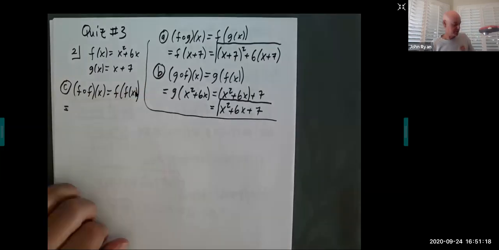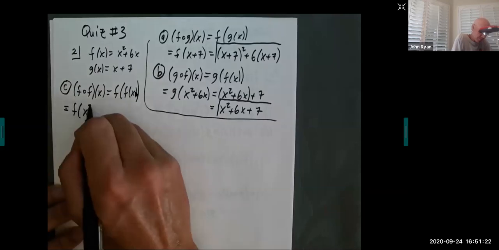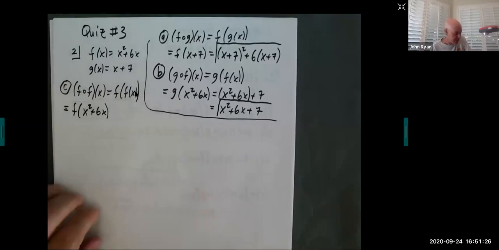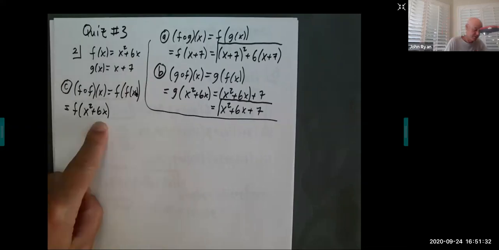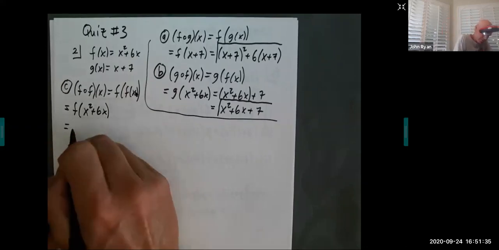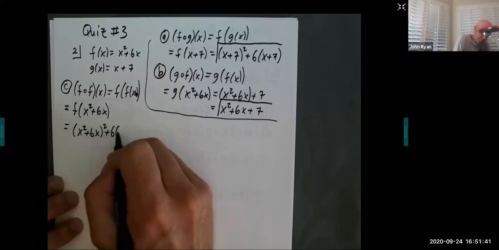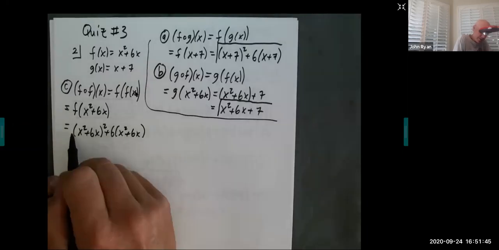What I'm going to do is replace that x with all of that, and that x also with all of that. It's going to look weird. And that is it.